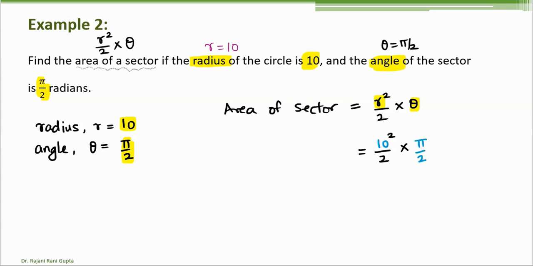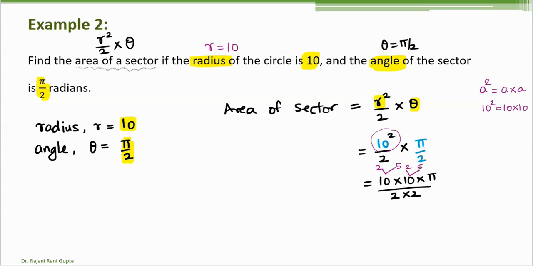I hope you remember that any number power 2 means the number is multiplied 2 times. So 10 power 2 means 10 is multiplied 2 times. Simplifying, it gives you 10 times 10 times pi over 2 times 2. We try to simplify it by making the factors 2 and 5 for 10.